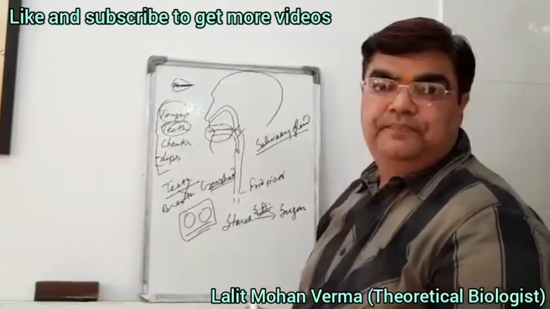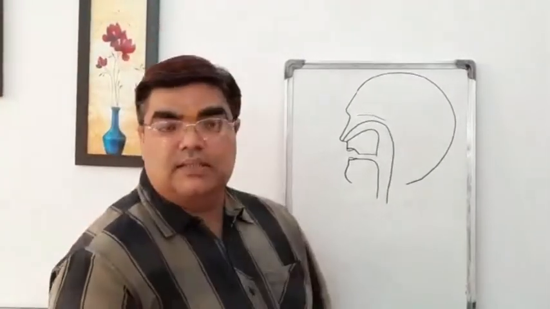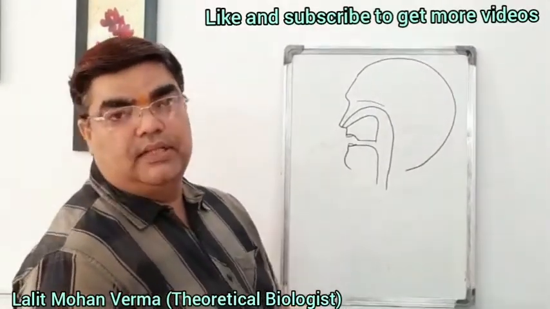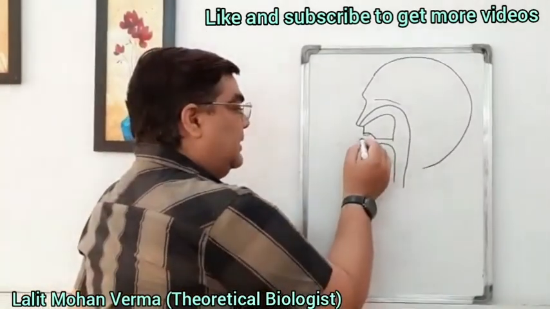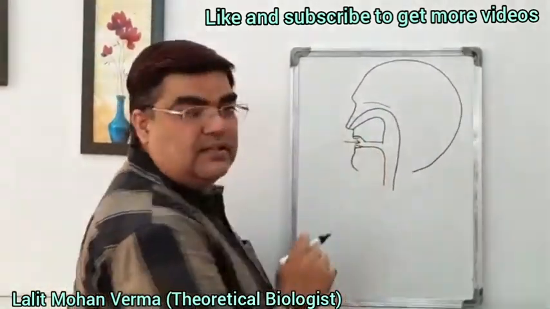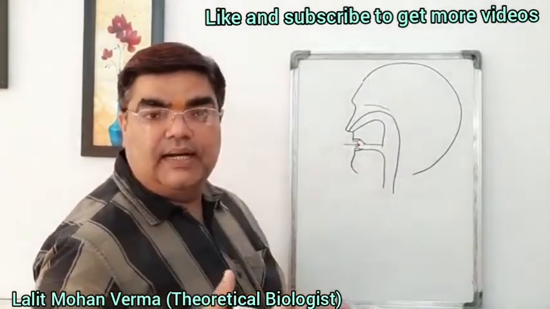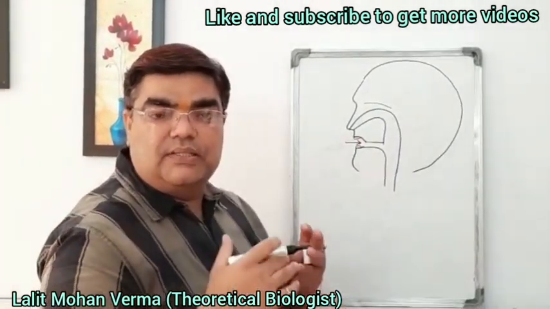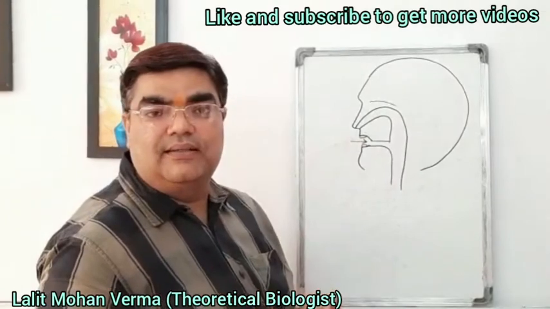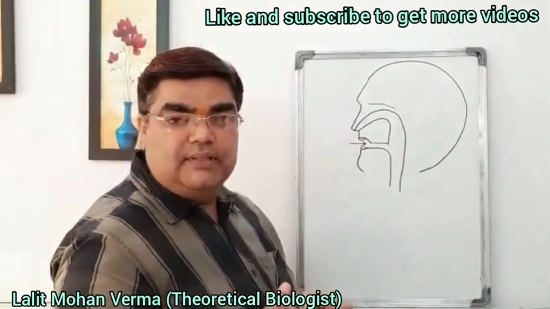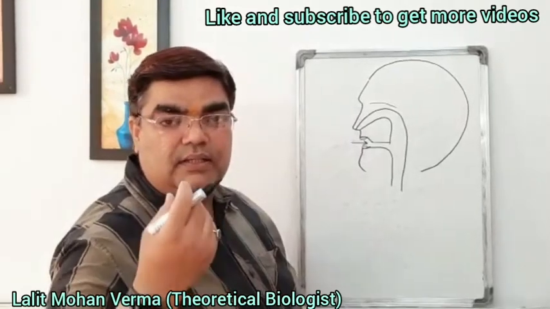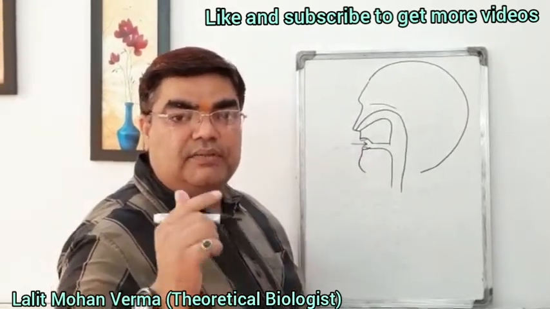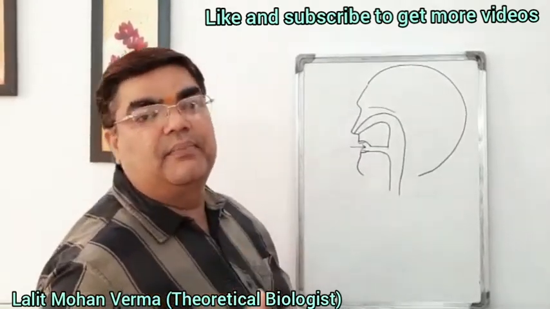Okay, students, as we have discussed what happens inside the oral cavity, now we move forward. This one is the oral cavity, and I have discussed what actually happened inside it. A little bit of starch is converted into sugar with the help of salivary amylase.